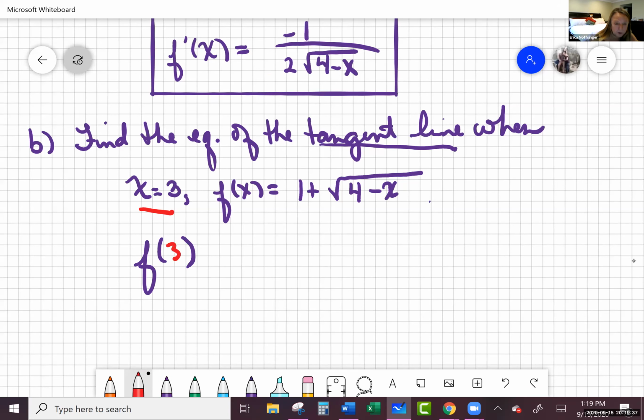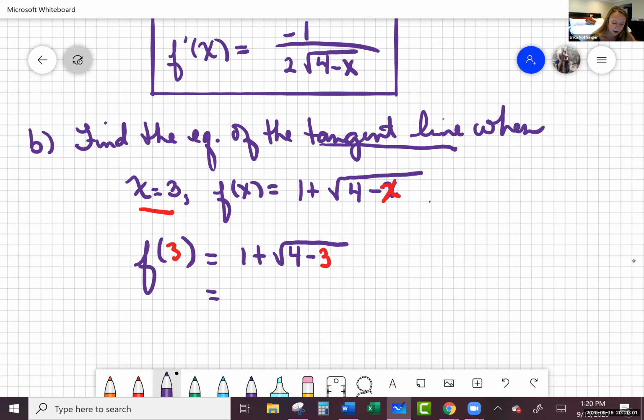And that would be a point that's on our equation f of x, but it's also a point that is on the tangent line. So if we go back into our original function and we plug in 3 wherever we see an x, we get 1 plus the square root of 4 minus 3.